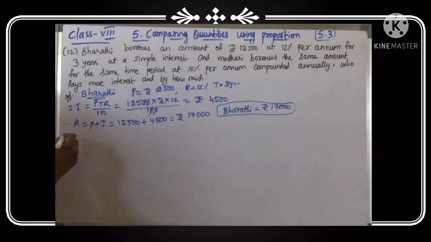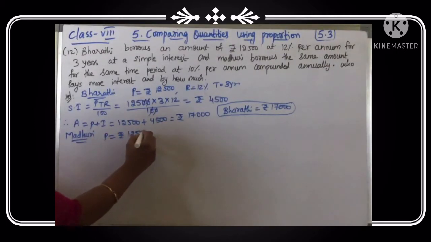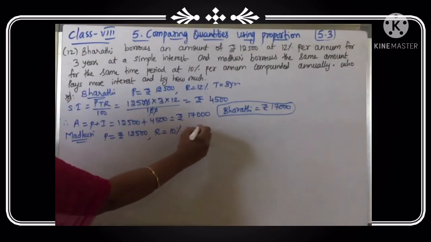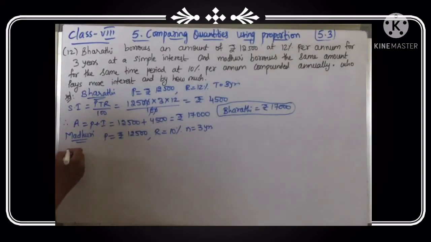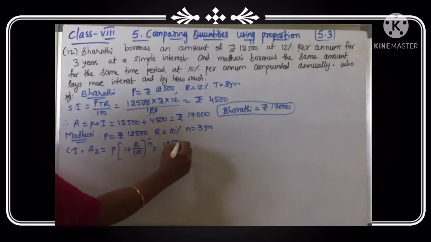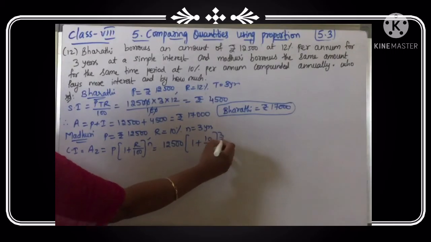Next, coming to Madhuri. We'll find for Madhuri. Madhuri took for compound interest. Here P is nothing but 12,500 and the rate of interest is 10% and N is 3 years. Here we use the formula. So compound interest here, that is A is equal to P into 1 plus R by 100 whole to the power of N, that is 12,500 into 1 plus 10 by 100 whole cube.